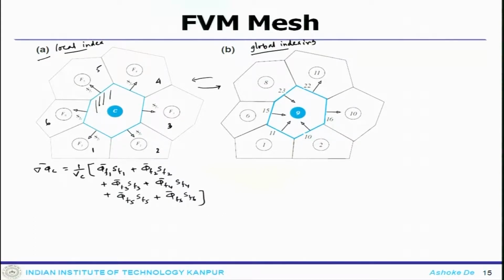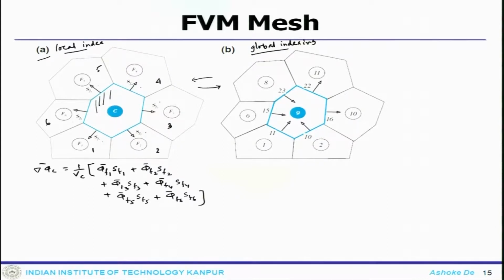Okay. So, that takes into account all these surface normal vectors Sf1, Sf2, Sf3, Sf4, Sf5, Sf6, which are connected with our local indexing element, and these are my local connecting elements F1, F2, F3, F4, F5, 6. Okay.